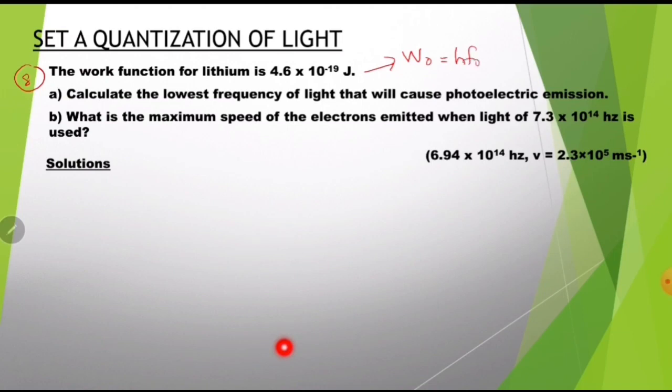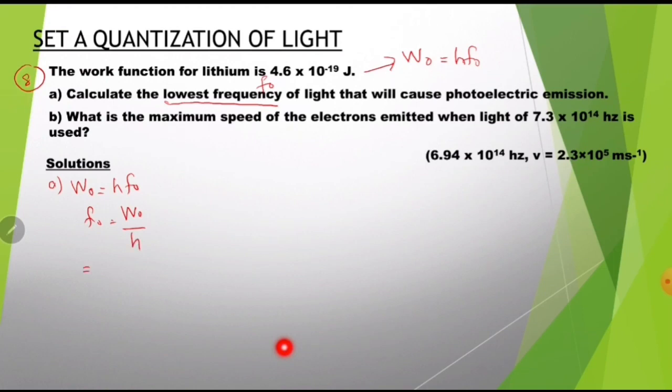Next, the first question asks to calculate the lowest frequency of the light. The lowest frequency here refers to f naught. So for question A, we are going to find f naught. By using W naught equals h f naught, f naught equals W naught over h.